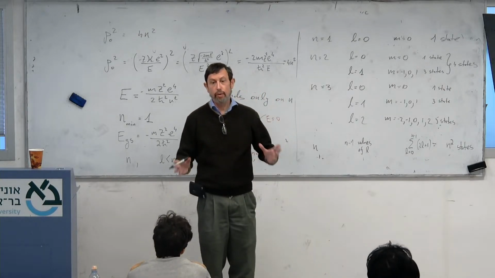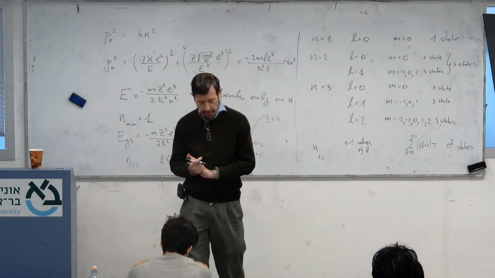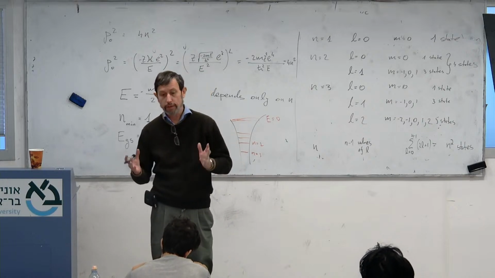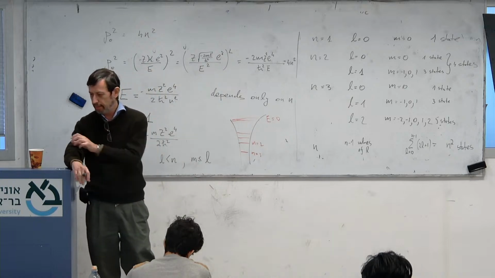So I have n squared degeneracy for each energy level. A lot of states once I'm moving higher up.